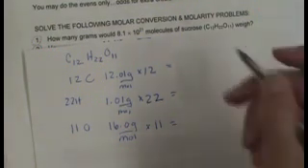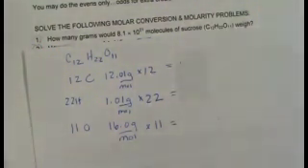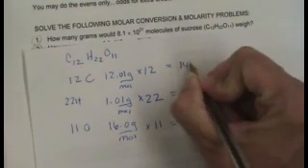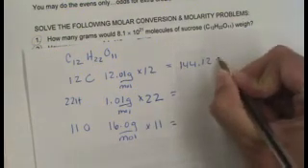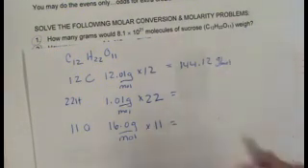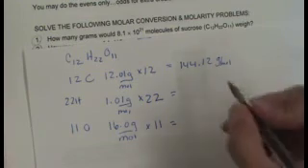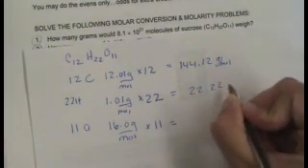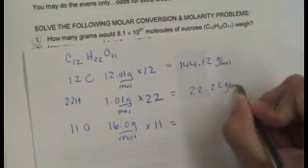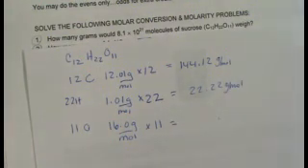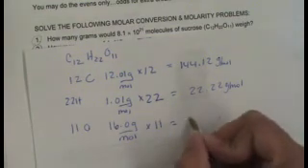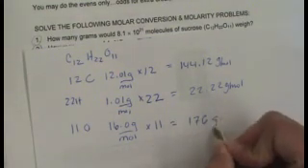So we've got 12 times 12.01, which should be 144.12, and this is grams per mole. Then we have 1.01 times 22, so we get 22.22 grams per mole. And we have 11 times 16, we get 176 grams per mole.